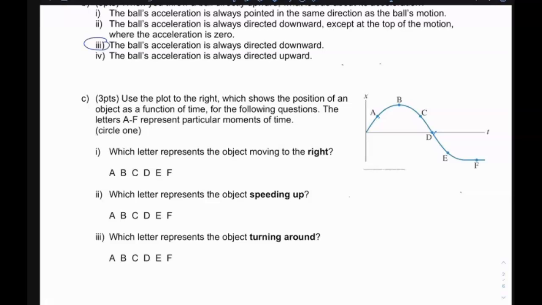Well, we see that the slope is positive at point A, which means if the slope of position as a function of time is positive, the velocity is positive. So the right answer to this question is A.